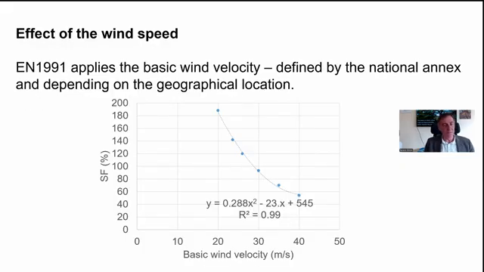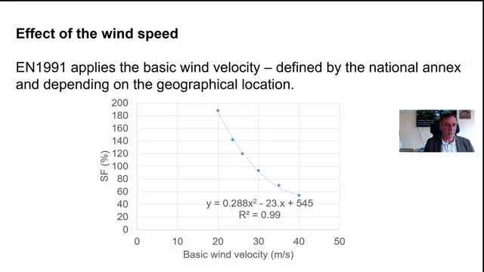Wind speed. For this calculation, we apply the Euro norm calculation, and the basic wind velocity is defined by the national annex of the standard, and it also depends on the geographical location.